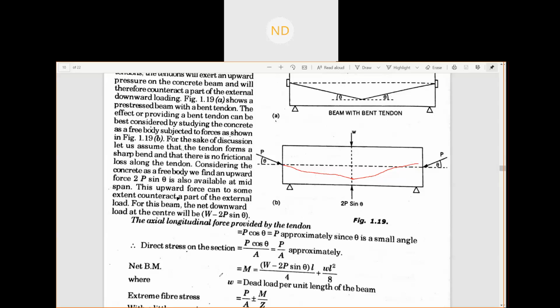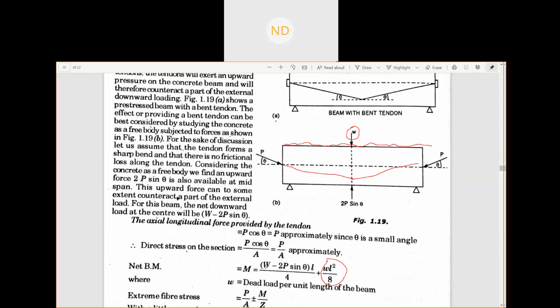Now the net bending moment due to the external load W, and also the dead load, which will be there for the beam. The moment for the dead load, the self weight of the beam, is WL squared by 8, because it is a UDL. Then we have the effect of the point load and the bend tendon.